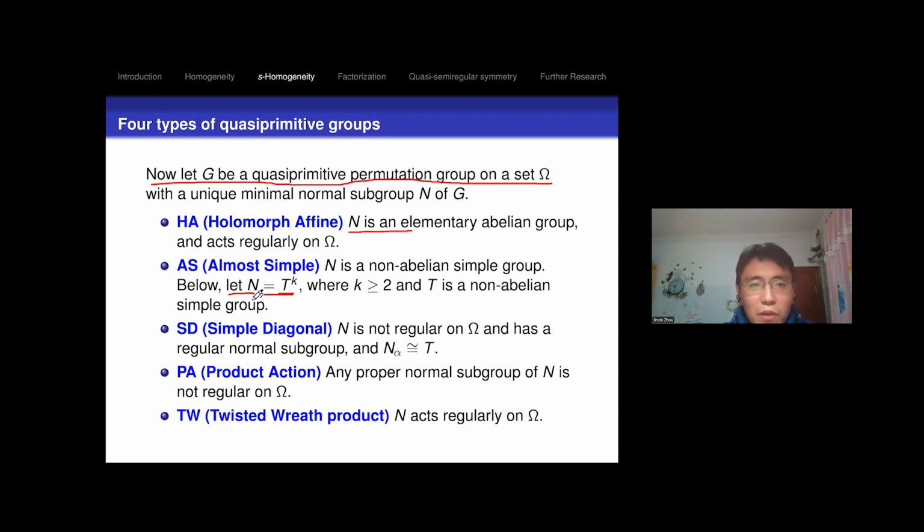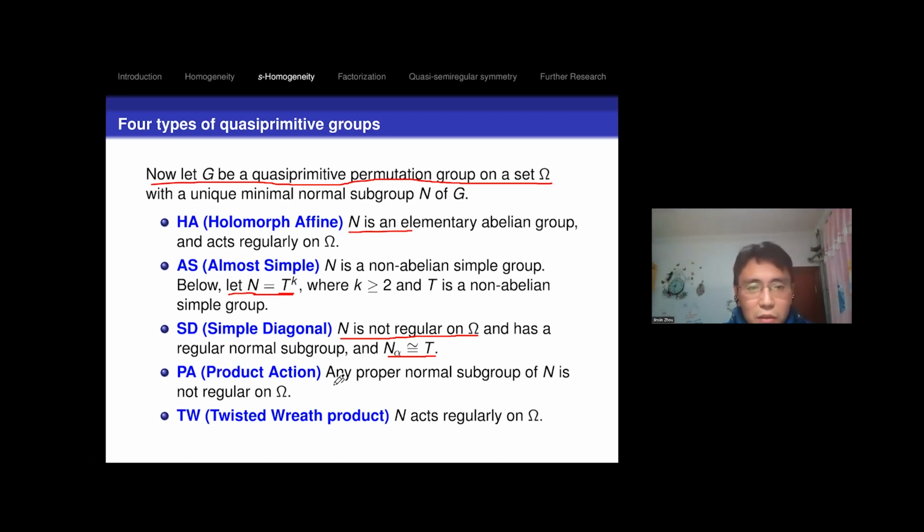Here N, just remember, is a unique minimal normal subgroup of G. If N is not regular on omega and has a regular normal subgroup, with point stabilizer isomorphic to T, the full diagonal subgroup of N, then we say G is of type HD.